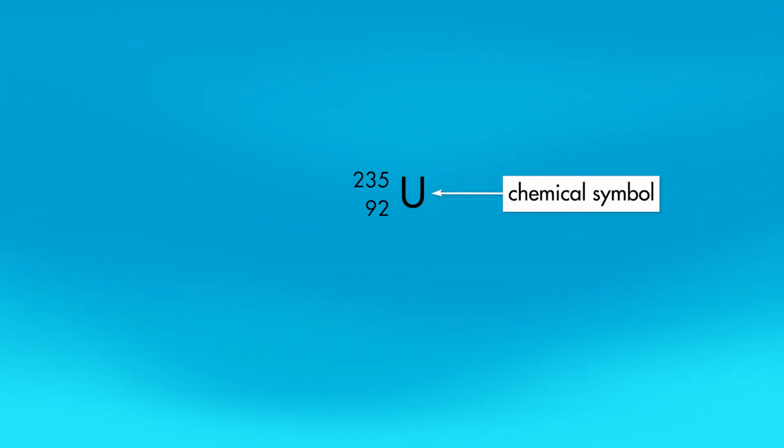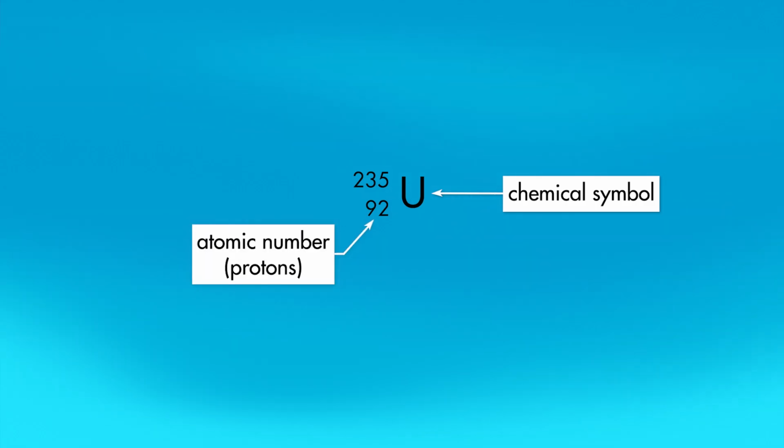When describing radioactive isotopes, physicists often use the nuclear notation of that isotope. The nuclear notation for uranium-235 consists of the chemical symbol U for uranium. The subscript 92 is its atomic number, which tells us how many protons are in its nucleus.